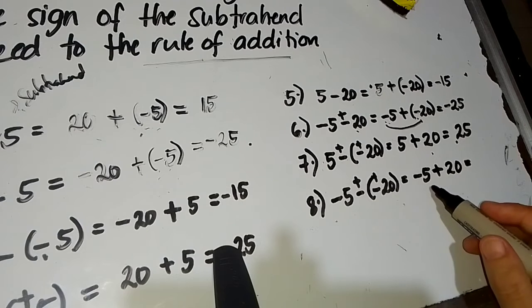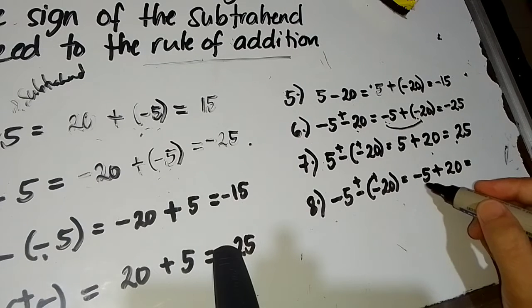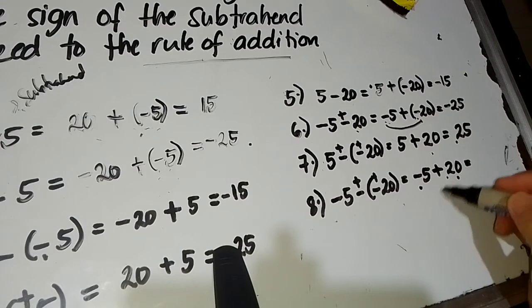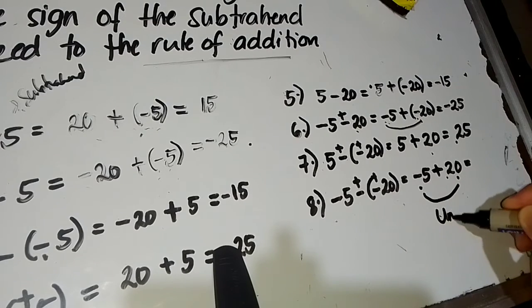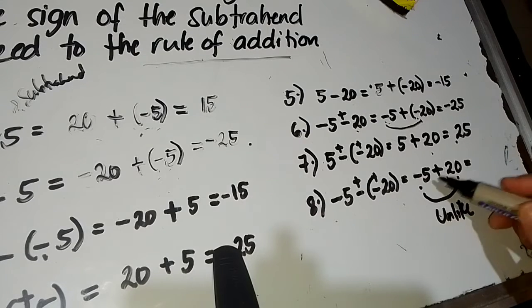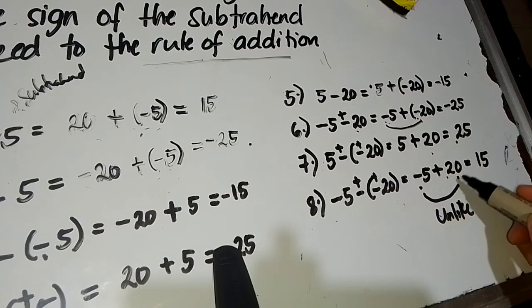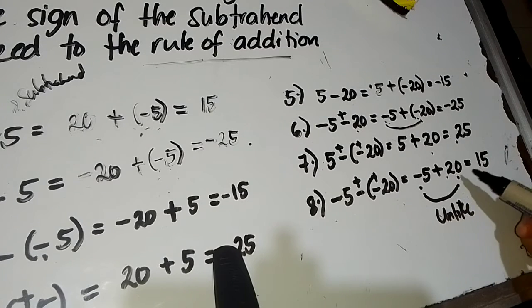Proceed to the rule of addition, adding unlike signs. The sign of 5 is negative and the sign of 20 is positive. Unlike signs, so we are going to subtract. 20 minus 5 is 15, and the bigger number is 20, and the sign of 20 is positive. Therefore, your answer is positive 15.